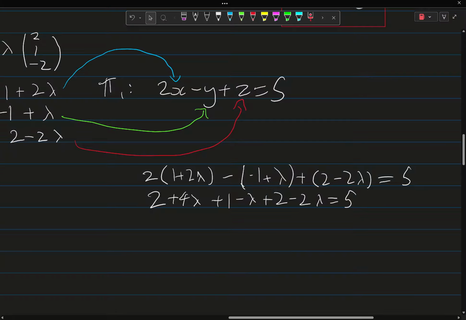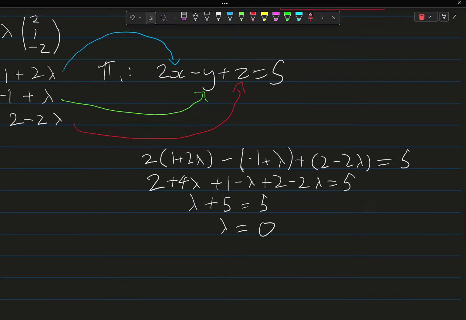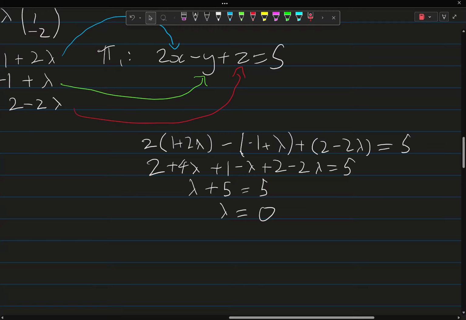we can add our like terms and our constants. We have 4 lambda, negative 1 lambda, negative 2 lambda, which is equal to 1 lambda. Then 2 plus 1 plus 2, so plus 5, and that equals 5. So lambda is equal to 0. That doesn't mean that lambda has no solutions. 0 is a solution.